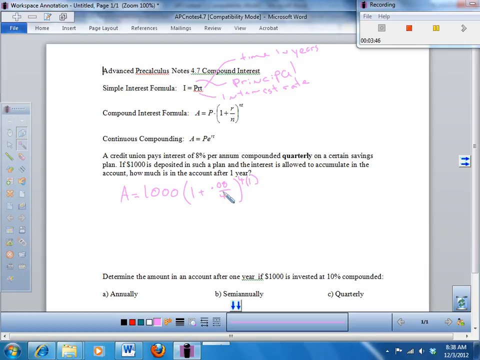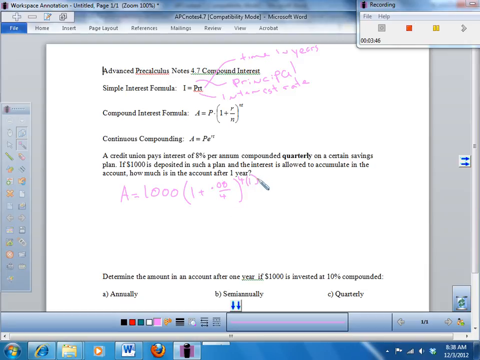So in other words, instead of earning 8% per year, you're earning 2% 4 times per year, right? Because if I take 0.08 and divide by 4, I get 0.02, but you're getting that 4 times a year. That's why that 4 has to be here and here, right, for 1 year.